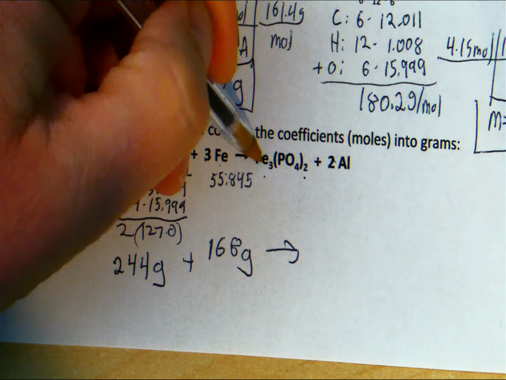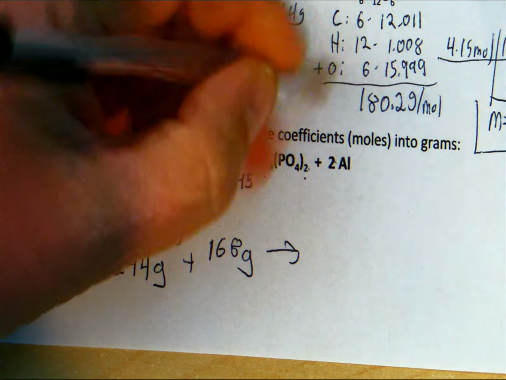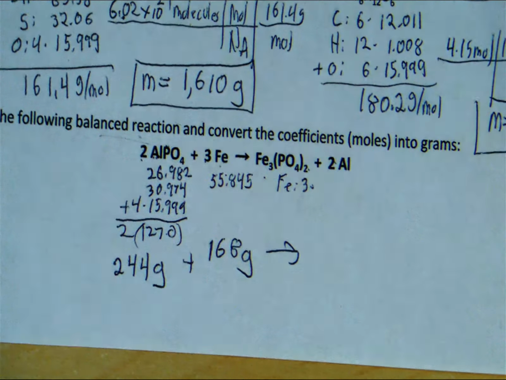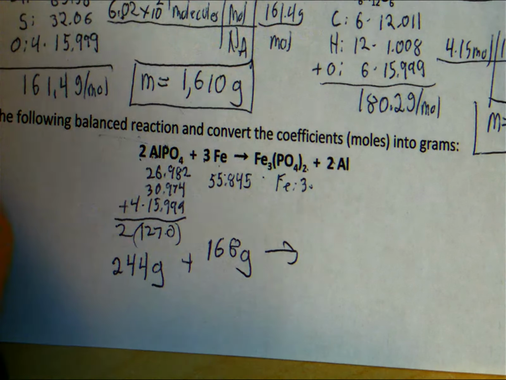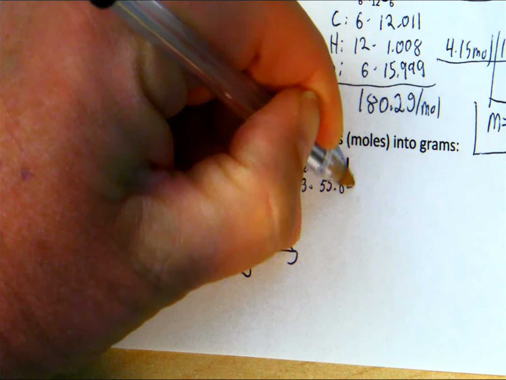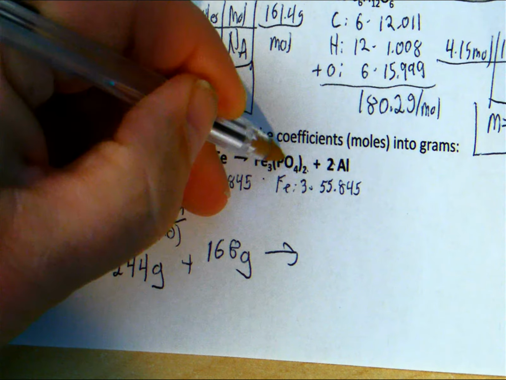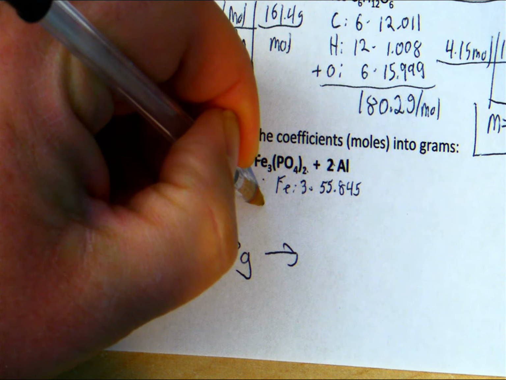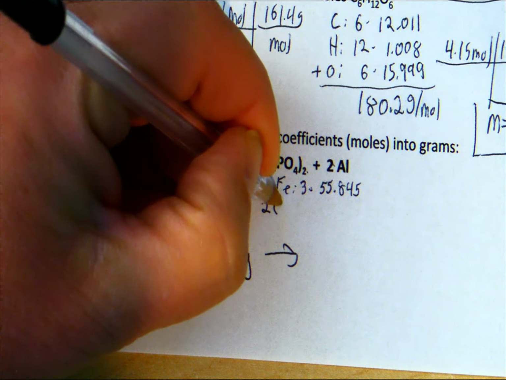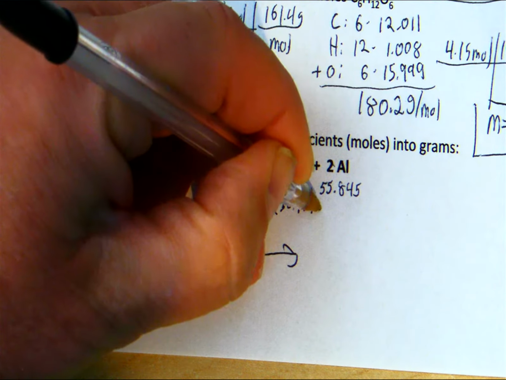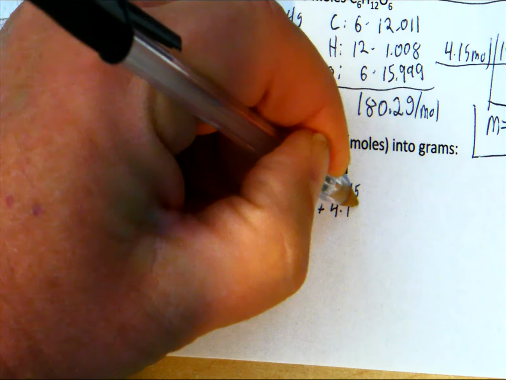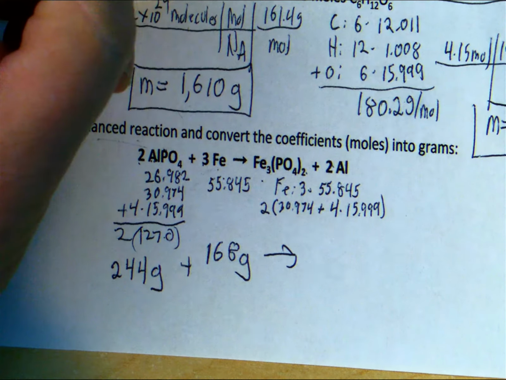So for this iron 2 phosphate, for the iron, I have 3 times the atomic mass of iron, which is 55.845. I have 2 phosphates. So how about if I do 2 times open parentheses, and then for the phosphate, I do 30.974, and then for the oxygens, I do 4 times, go ahead, have you memorized it? 15.999, close parentheses.